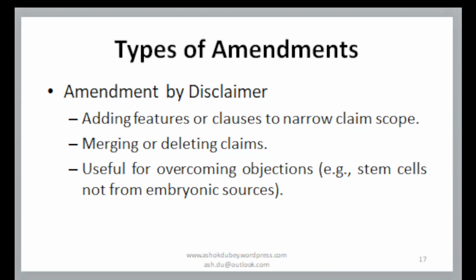You have already claimed in the patent application, there is a claim which sets the rights and boundaries of your rights of the invention. Then you want to disclaim it. Disclaiming means doing away with the claim, narrowing it down. Merging or deleting claims, this could be the type, and useful for overcoming objections.